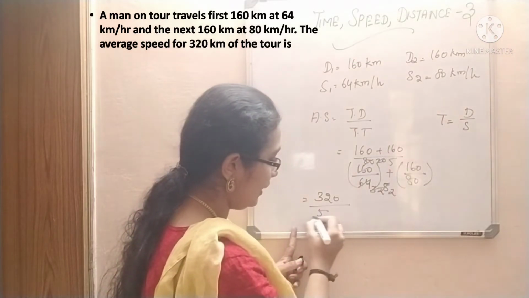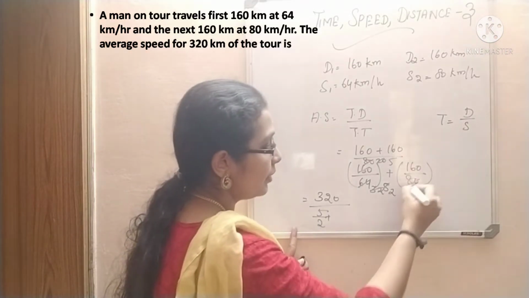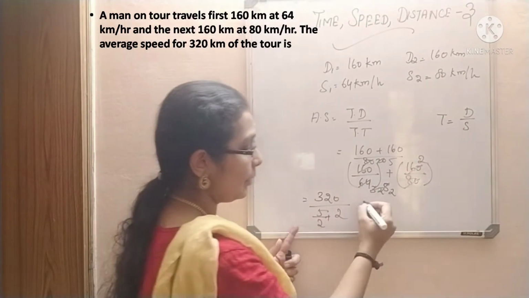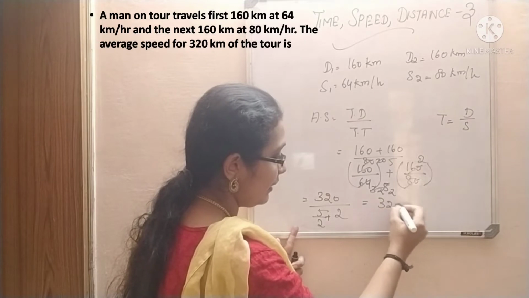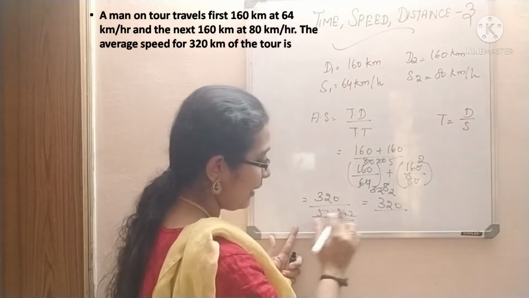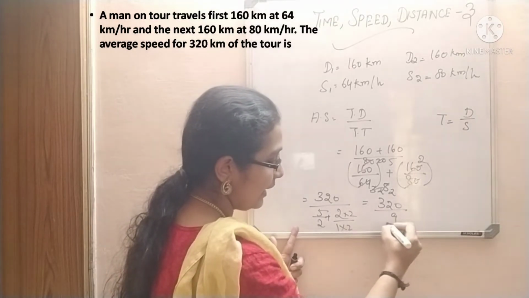So 5 by 2 plus 2 times. So you will have to take LCM here, which gives 320 divided by 1 into 2 into 2. So 5 plus 4 is 9, divided by 2.